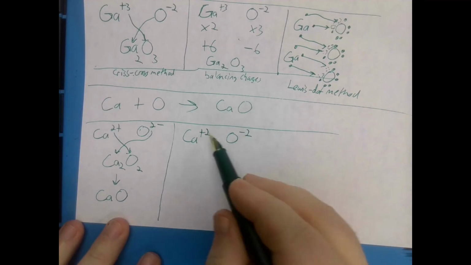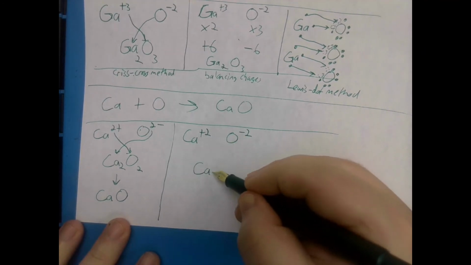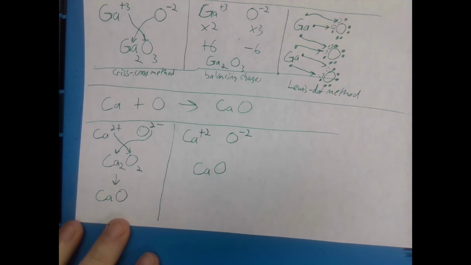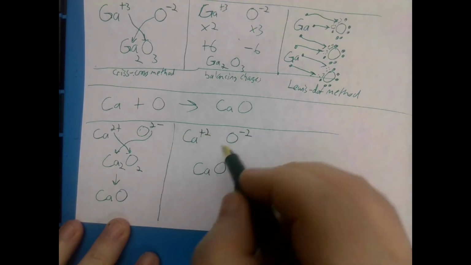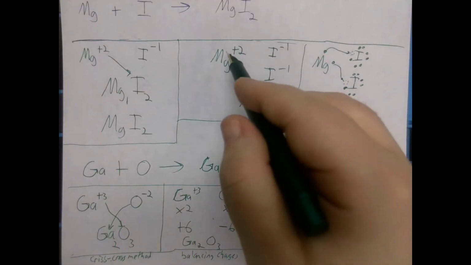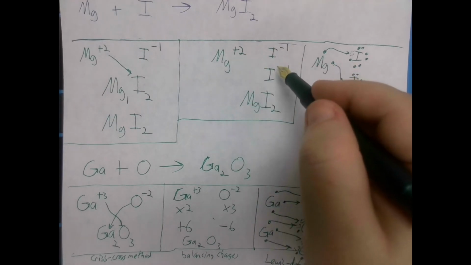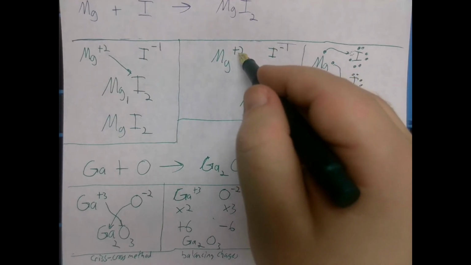Do these charges cancel each other out? Yes. Then we know it's a 1-to-1 ratio. Do these cancel each other out? This one and that one? No, we need twice as many iodine to cancel out this +2.